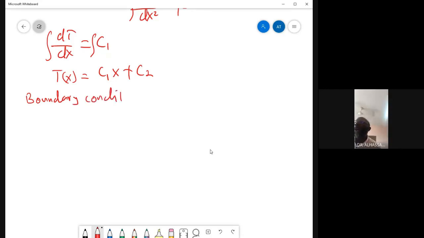At, let's say, x equals 0, we know the temperature: T0 equals T1, and this equals 30 degrees Celsius.